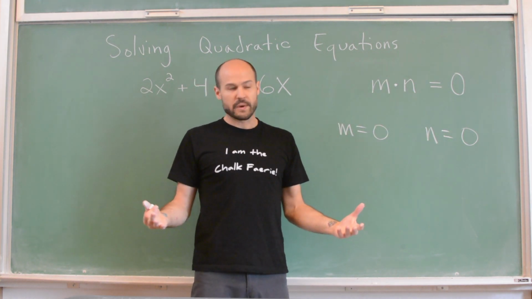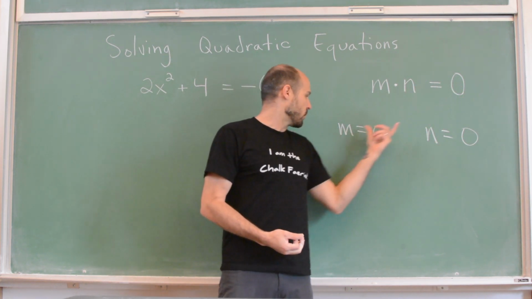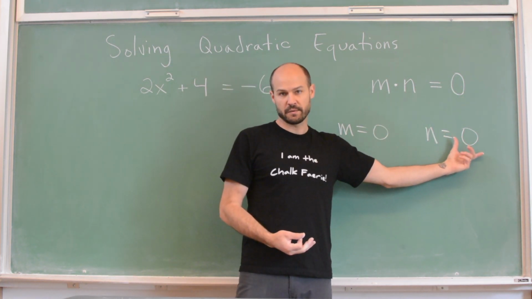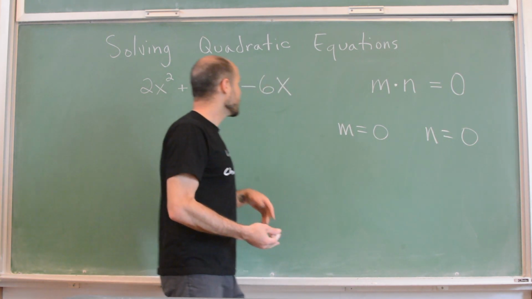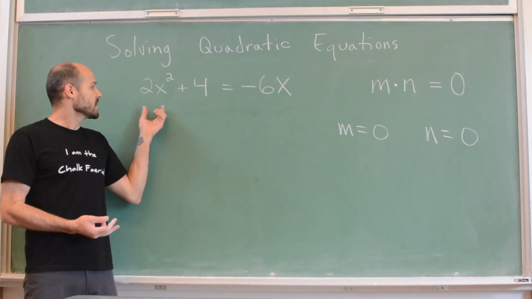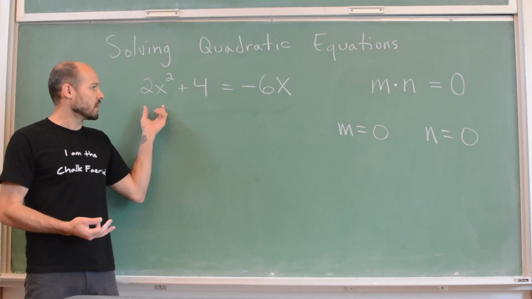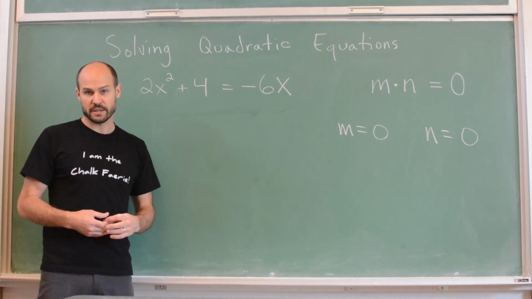The only way we can multiply two things to arrive at 0 is if one of them is 0. So using that principle, and the second, which is that we can factor quadratic expressions, that's going to allow us to solve these quadratic equations for x.